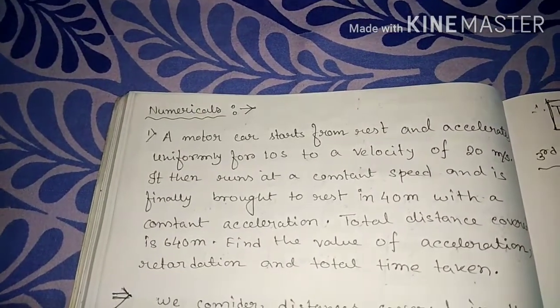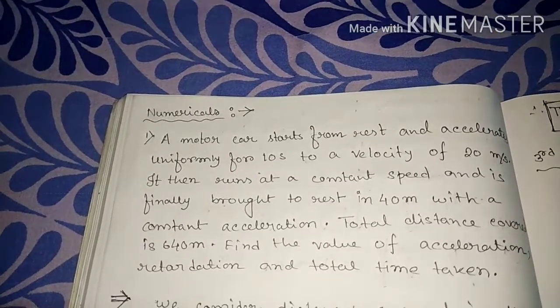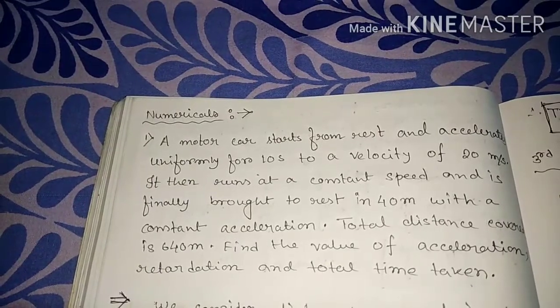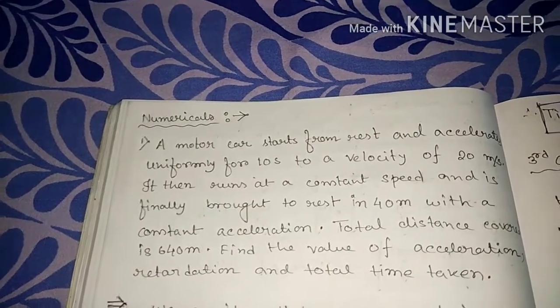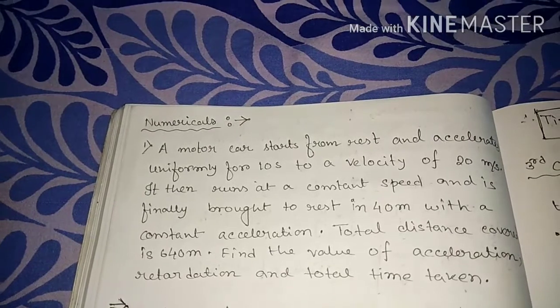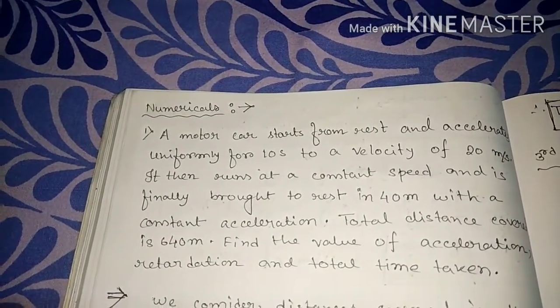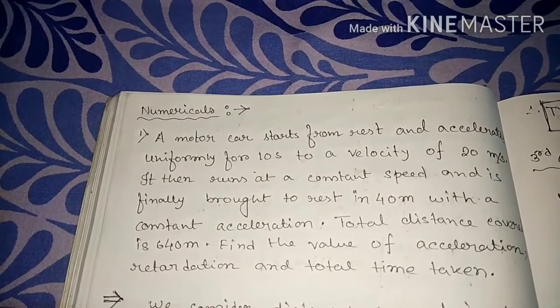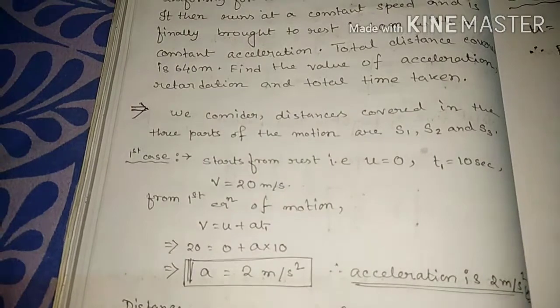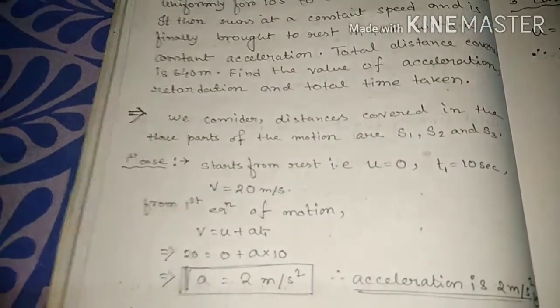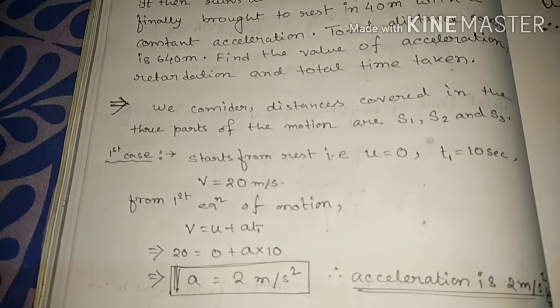That means the final velocity is 20 meters per second. u is 0, t1 is 10 seconds, v is 20. Which formula do we use? The first equation of motion to find the acceleration, v equals u plus a t1. After putting these values, we have a equals 2 meters per second square. This is the acceleration, that is 2 meters per second square.